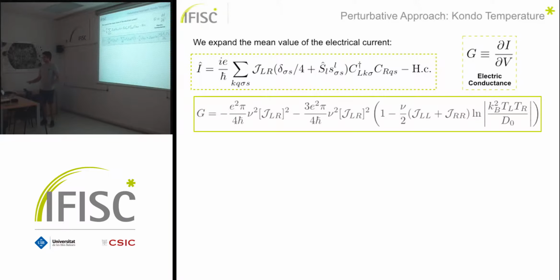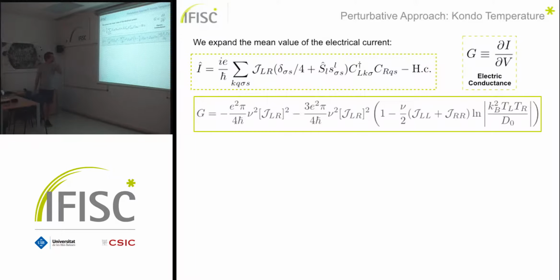So we don't care about all the other parts of the system. Only the Kondo resonance. It's the Fourier transform. So at the end, it's an integral over time.